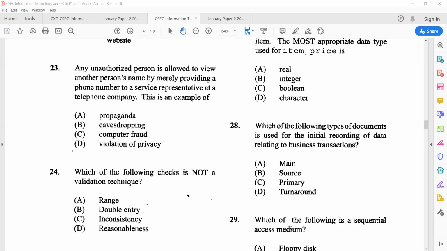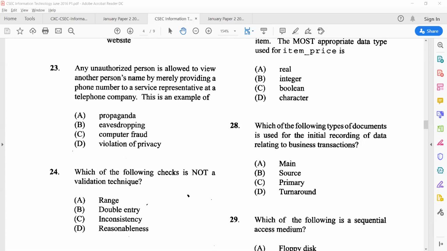Now you have computer fraud, which is attempting to perform some tasks when you're not exactly doing it, and a violation of privacy. The most suitable answer for this, to me, is D, a violation of privacy.